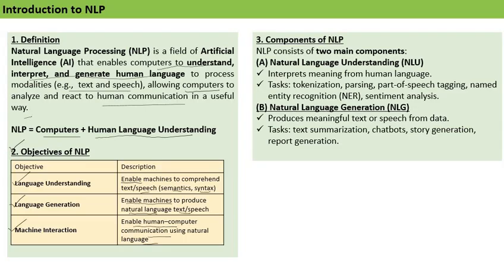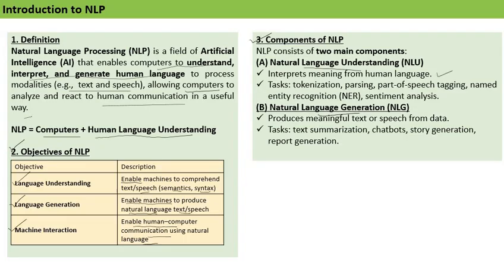Next, coming to the components of NLP. It consists of two main components. One is the understanding of natural language, and the second is how to generate natural language. In NLU, the understanding of natural language, it interprets the meaning from human language.